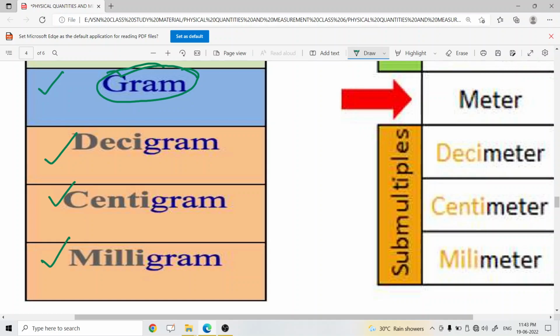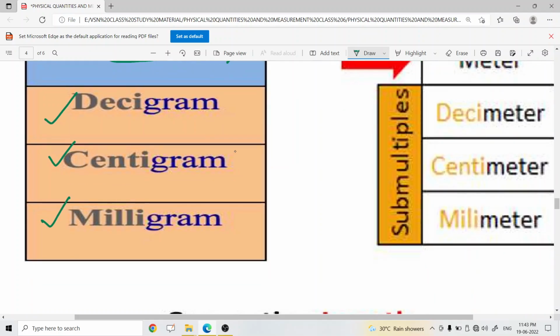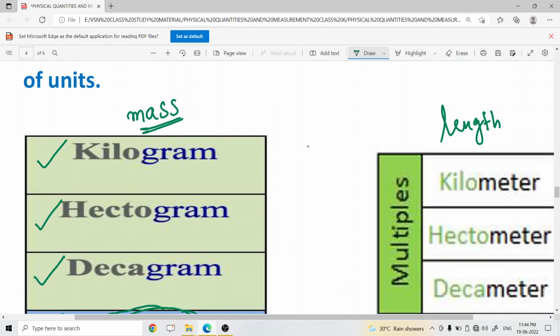So if we take gram as the standard unit, then the decigram, centigram, and milligram are the submultiples, and the top three, kilogram, hectogram, and decagram, are multiples of gram.